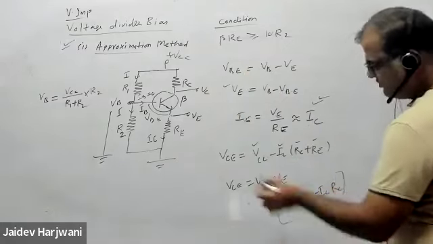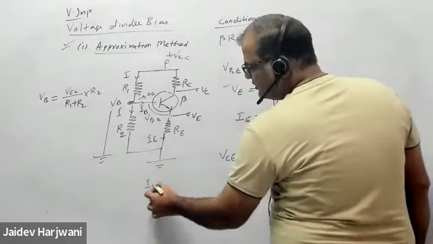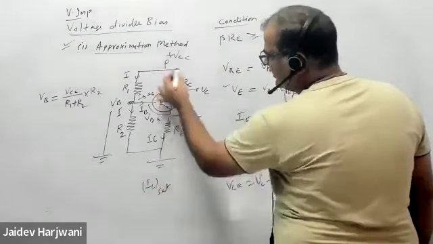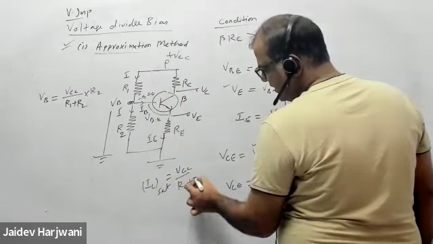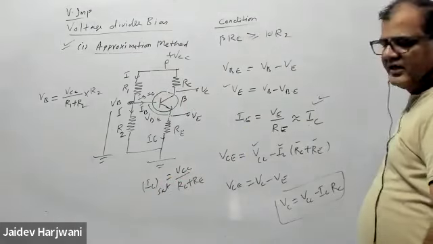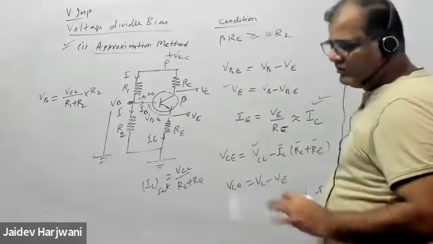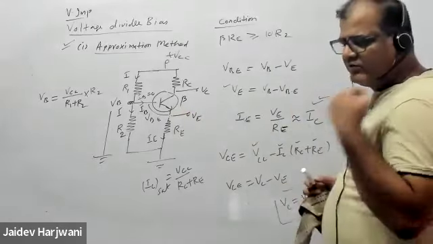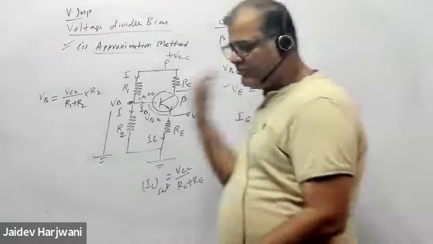Whichever way you want, you can calculate. The IC saturation formula is the same, because the output circuit is the same: VCC upon RC plus RE. So without writing any KVL in the input, you can solve directly, and this will give an almost accurate value. If this condition is satisfied, this method is applicable in almost every condition.